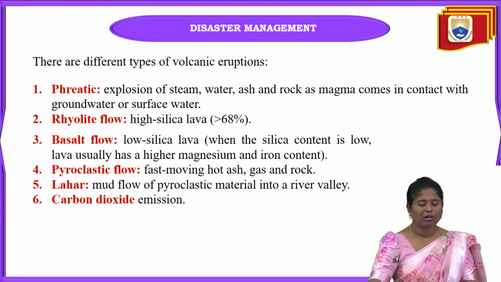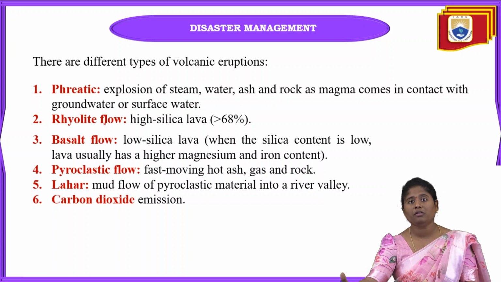And these are the different types of volcanic eruptions. First one is phreatic, and in this phreatic eruption there will be a big explosion of steam, water, ash and also rock. Why?